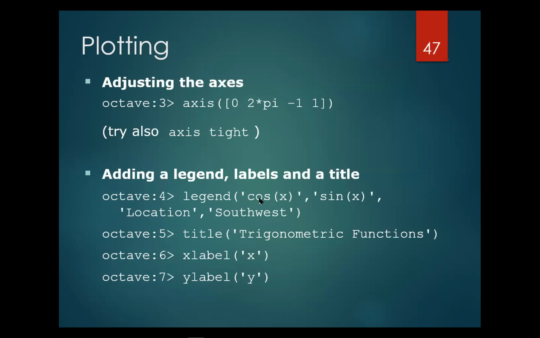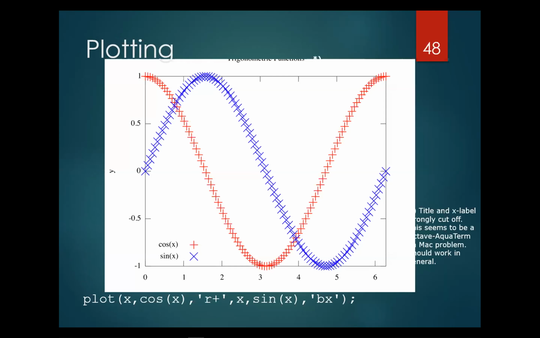So you want to indicate that the first one is for cos and the second one is for sine. You want to add a title to it and say it's trigonometric function. And then you want to label the x-axis as x and the y-axis as y. So these are all things you can do. When you do, this is what you get.